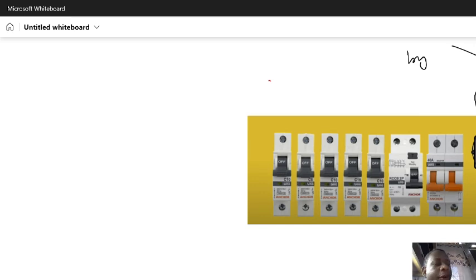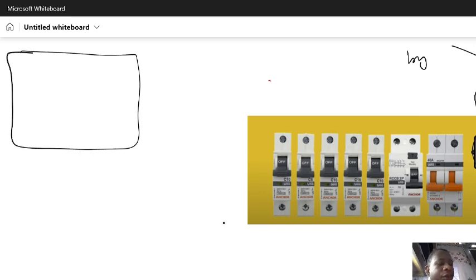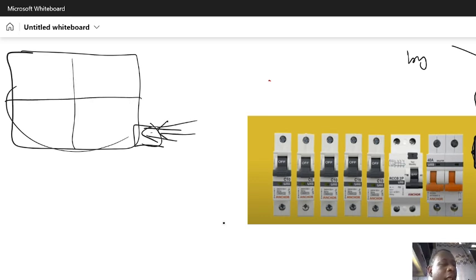But let's say, for example, I have this house. If I want to measure the energy consumed by the total house, I will put the energy meter here, since the entering of the supply is from here. But let's say this house has different rooms. I want to measure the energy consumed by this room, so I will put another energy meter here, because the supply of this room enters through this energy meter.